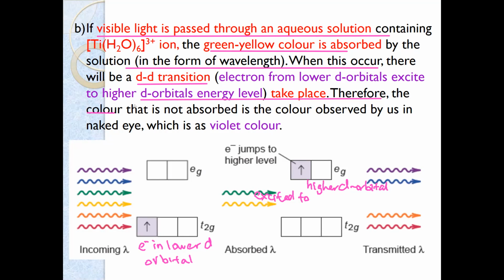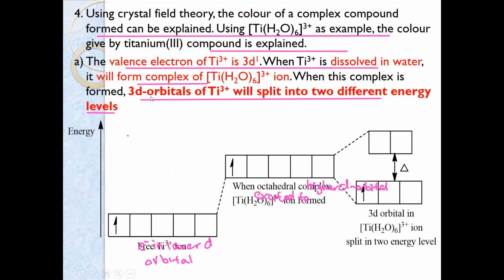First, you need to mention where valence electrons inside the 3d orbitals, when dissolved inside water or dissolved inside whatever, a complex will be formed. So when a complex is formed, the 3d orbitals inside the transition metal ion will split into two different energy levels.